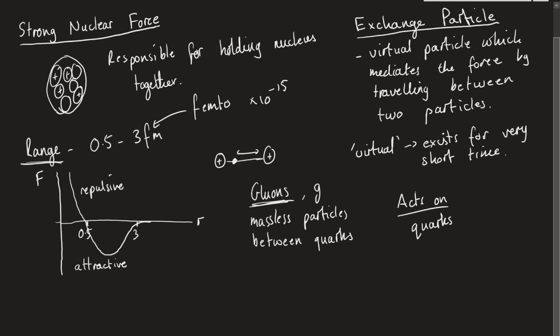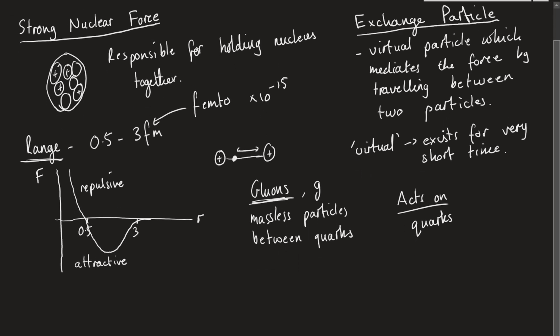So gluons act between the quarks. This means that if we were to take a proton and then zoom in, we'd have 3 quarks, 2 ups and a down, and there'd constantly be gluons traveling in between these 3 things. This is the inside of a proton.